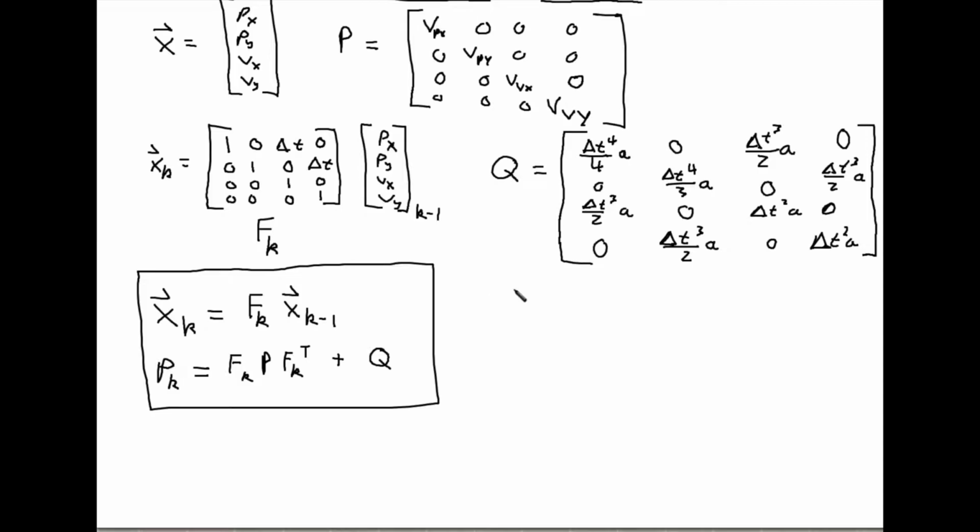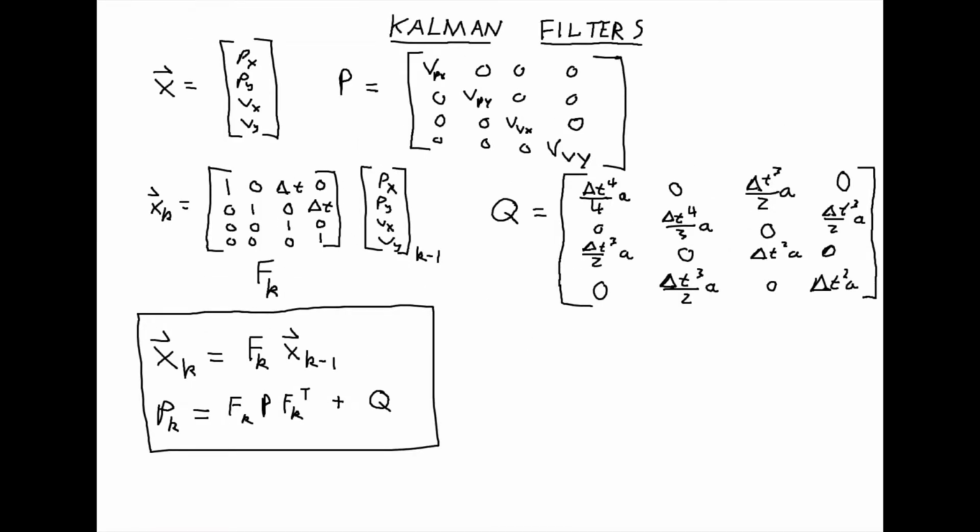Now that we have our prediction step down, let's move on to measurement. So I'm going to clear this, and we'll talk about how we incorporate a sensor measurement into our Kalman filter. Let's say in this case we have a LiDAR, which just measures the position in the x and y direction of something out in the field.